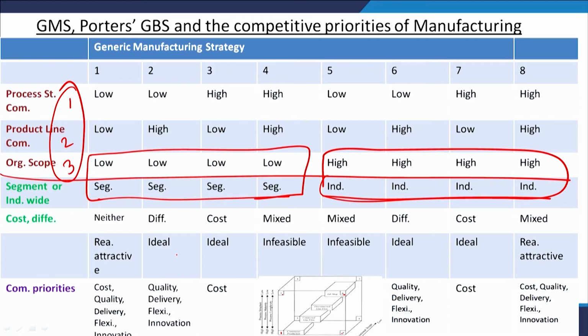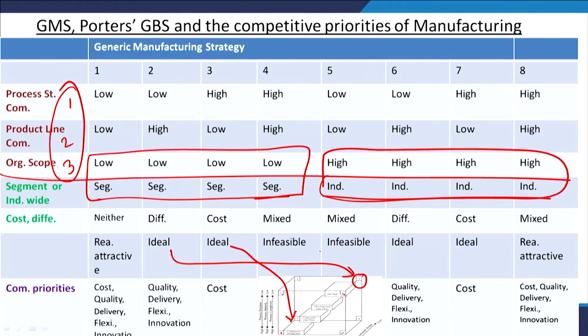But strategy number 2 is one of the ideal strategies, and it is giving you the differentiation generic business strategy proposed by Michael Porter. Similarly, strategy number 3 is also an ideal choice, and it is giving you the cost leadership type of business strategy proposed by Porter.